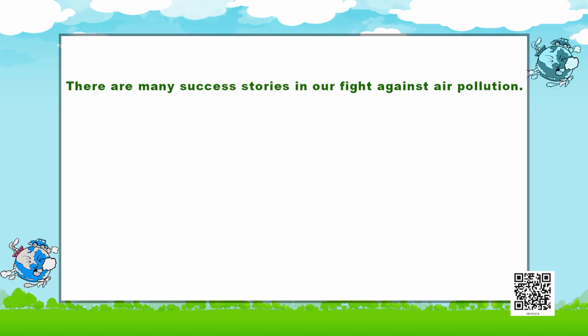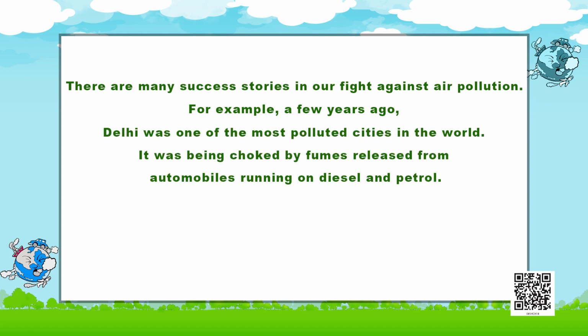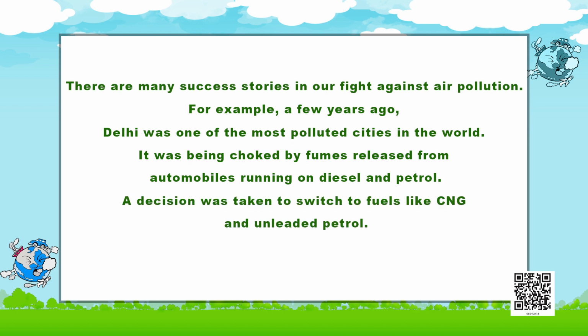There are many success stories in our fight against air pollution. For example, a few years ago, Delhi was one of the most polluted cities in the world. It was being choked by fumes released from automobiles running on diesel and petrol. A decision was taken to switch to fuels like CNG and unleaded petrol.